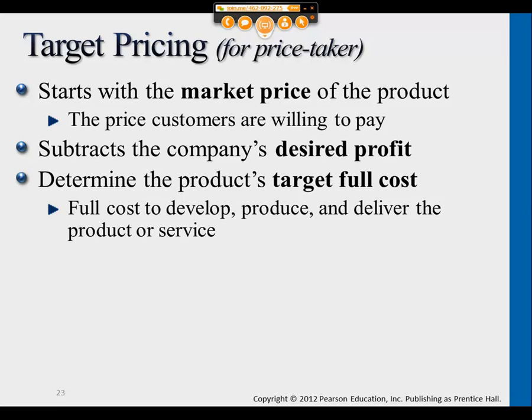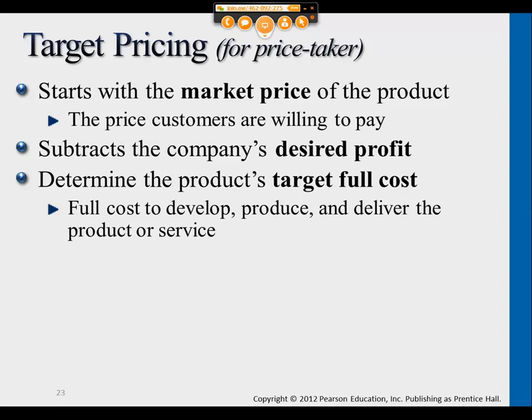All right. So let's say the business is a price taker. With that, we're going to go with target pricing, and we need to understand what target pricing is. At first, we're going to start with our market price of the product. We're going to survey and see what customers are willing to pay.